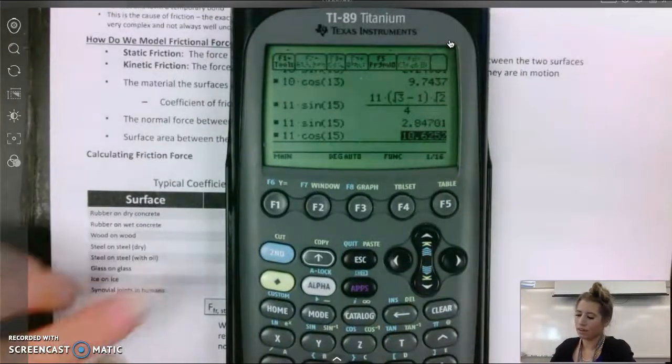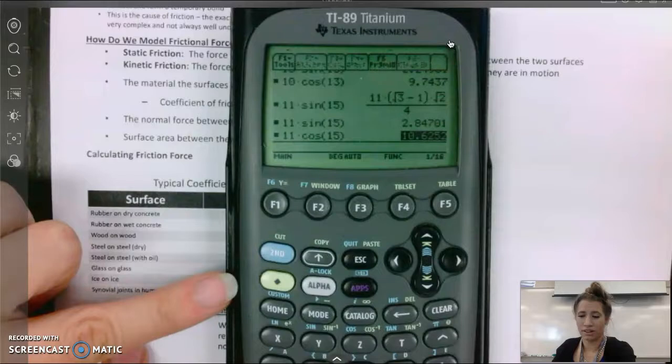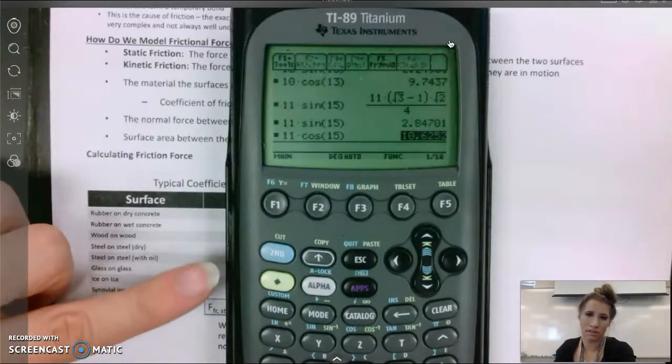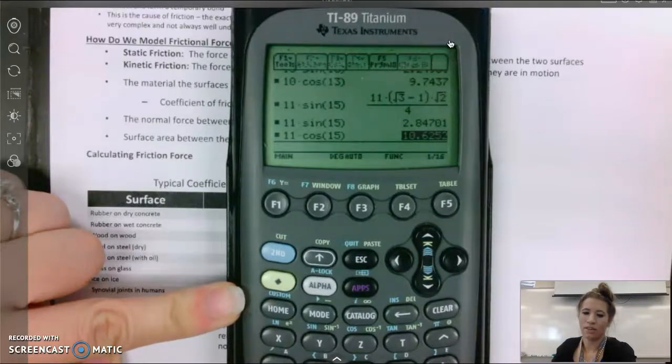If I very lightly push the calculator, friction is lightly holding it in place. The acceleration is 0 because the velocity is constantly 0. Now if I apply more force, that static friction is greater because it's still holding the calculator in place.